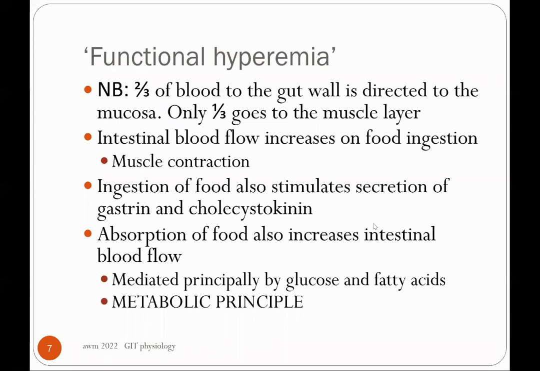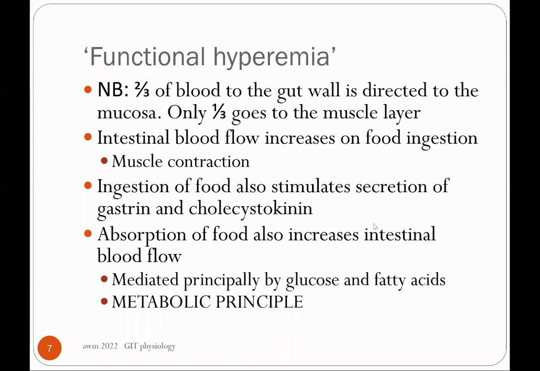And that's why I was telling you about this term that is known as functional hyperemia. So intestinal blood flow increases on ingestion of food in order to facilitate smooth muscle contraction. Ingestion of food also stimulates the secretion of gastrin and cholecystokinin. These cells that are going to secrete these gut peptides are found in the mucosa.